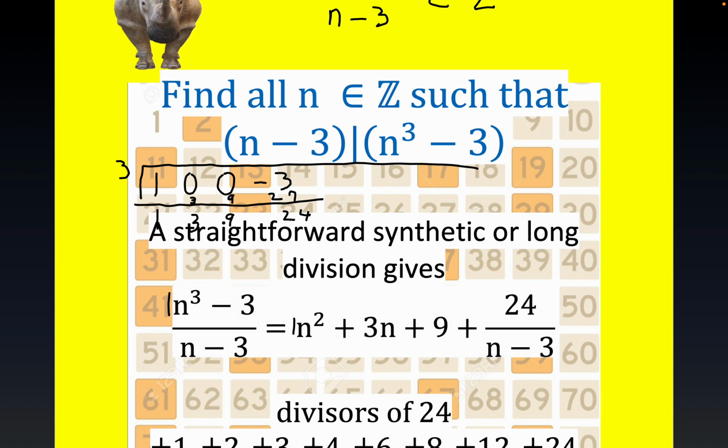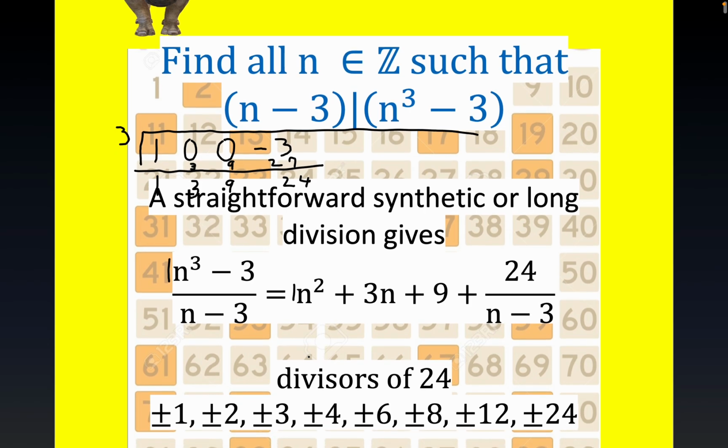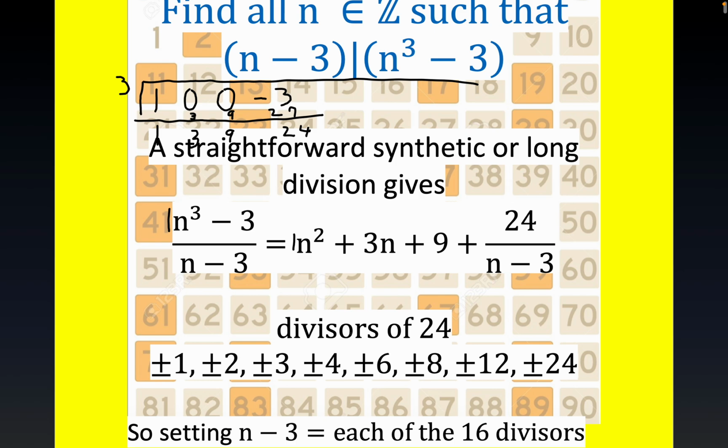Now, the reason why this is useful, and again, the way the guy that wrote this problem did it was just use vertical divides bar logic all the way through it, but this seems to be the easier way in my opinion. Because we know that this piece right here, if n is an integer, then this circled piece is necessarily an integer, right?